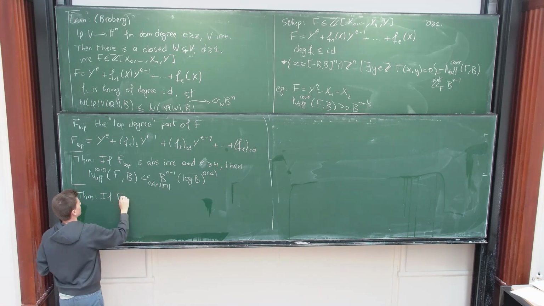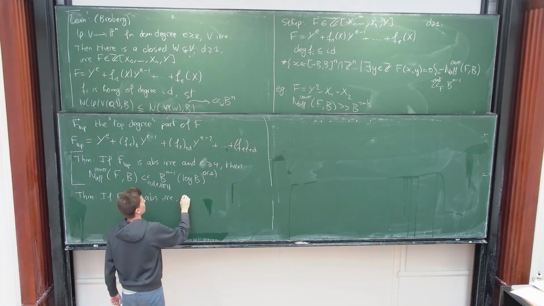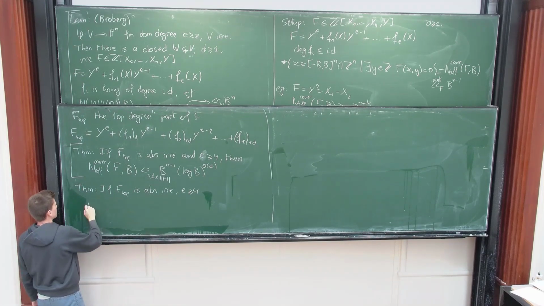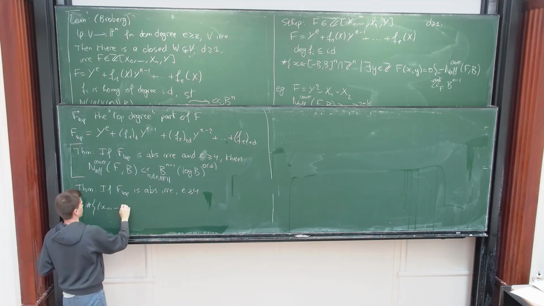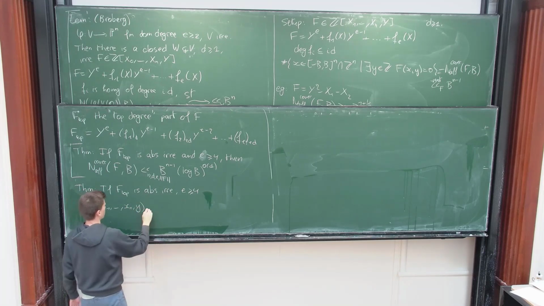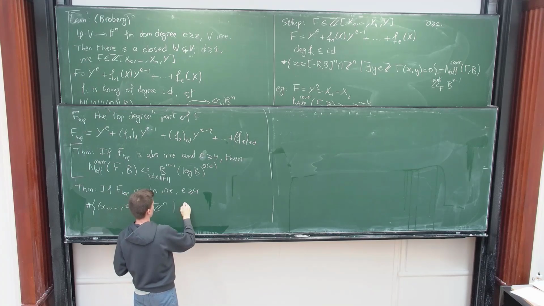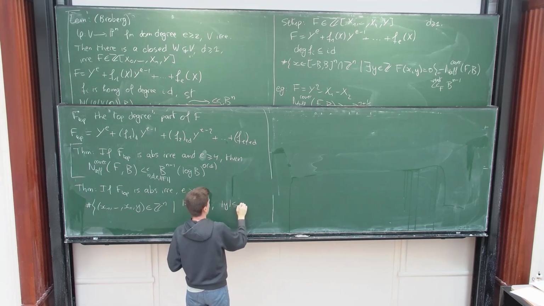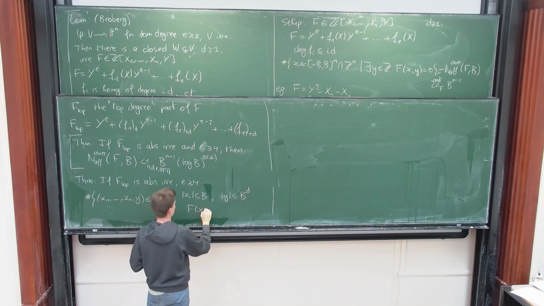So what we really look at is the following counting, and we just count the number of x1 to xn and y in Z to the n, such that each xi is bounded by b, y is bounded by b to the d, and f of x, y is 0.